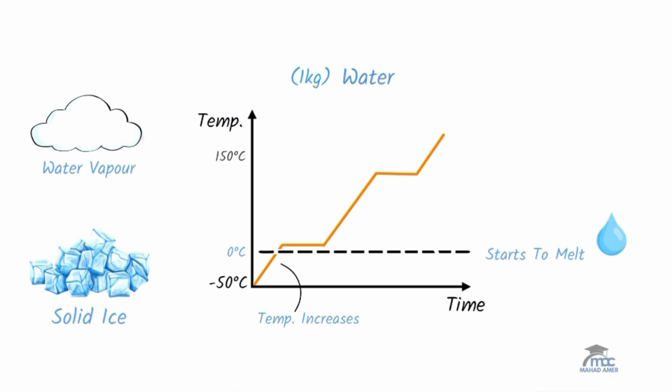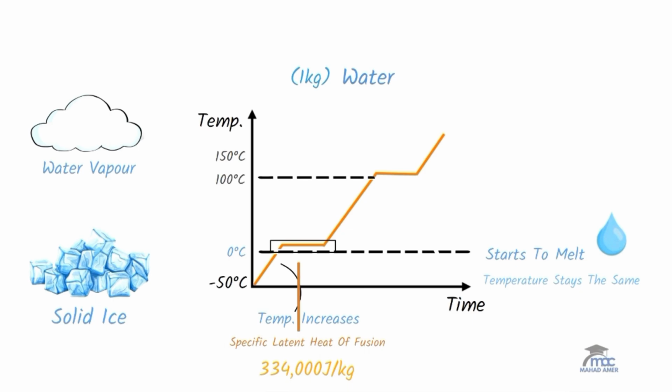However, once we reach 0 degrees Celsius, the ice starts to melt, and because all the heat energy that we are supplying is being used to break the forces between the particles, the overall temperature stays the same. The energy required for this stage is the specific latent heat of fusion, and in the case of water, this is 334,000 joules per kilogram.